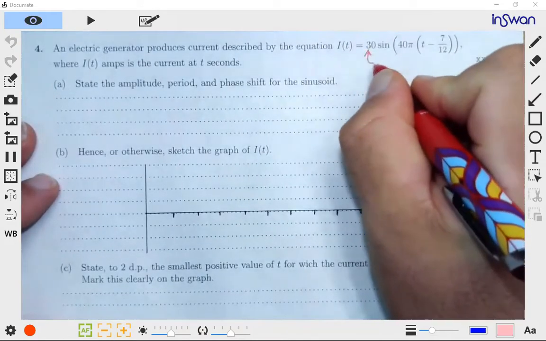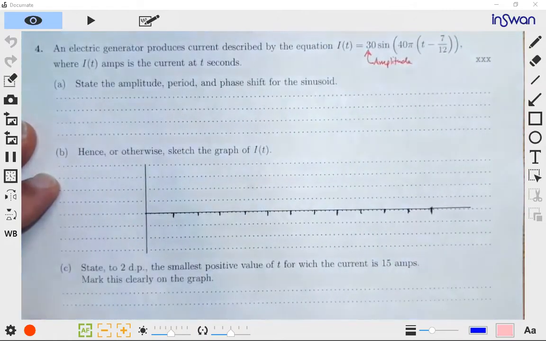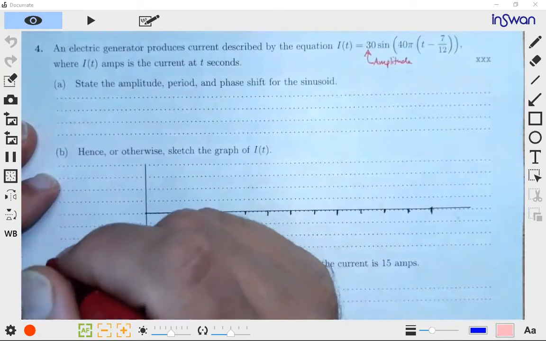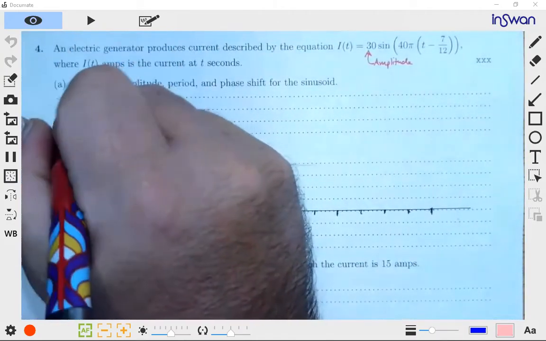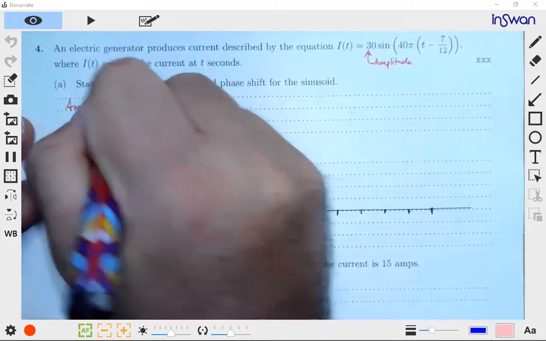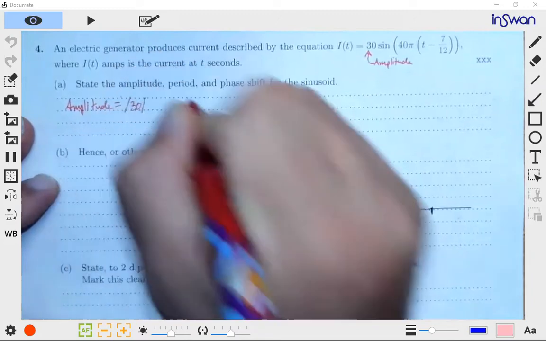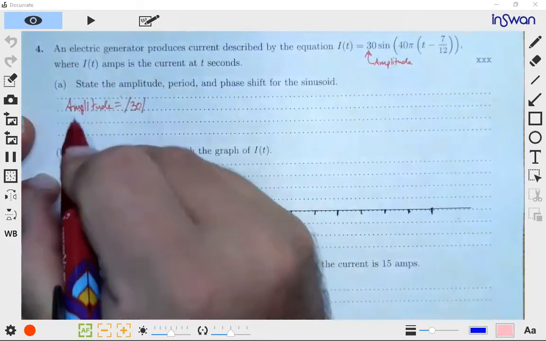So we know that our amplitude is going to be given by the leading coefficient of our function. So the amplitude is the absolute value of 30, which is just 30. Now my period.